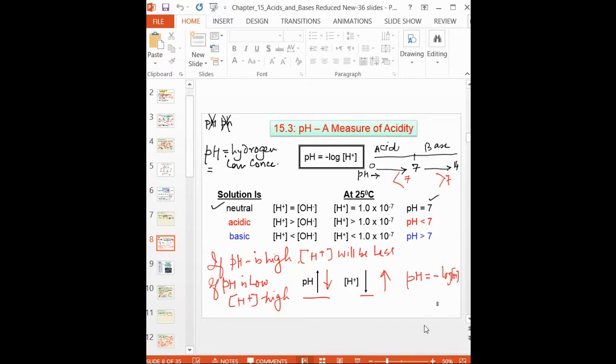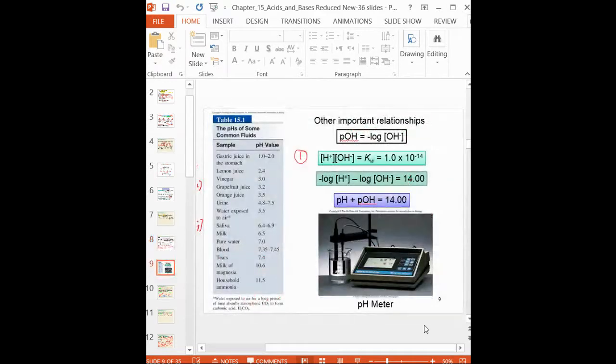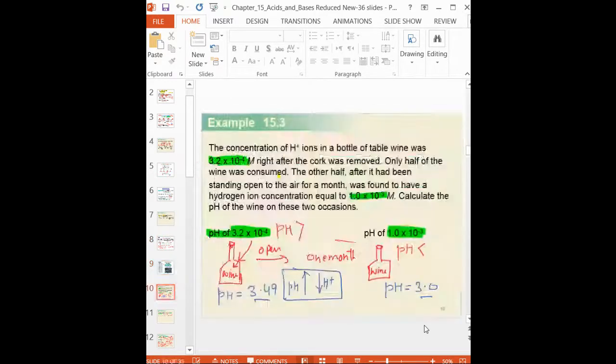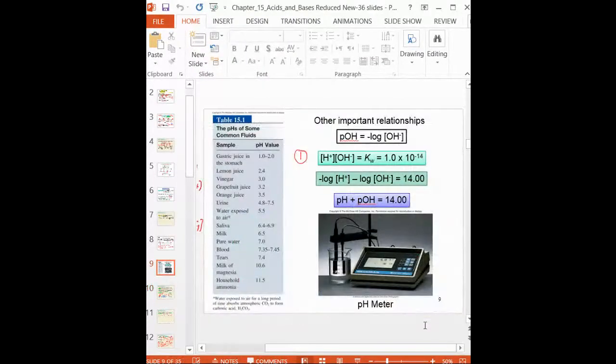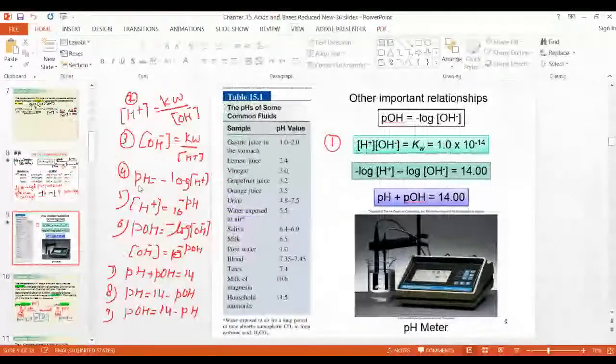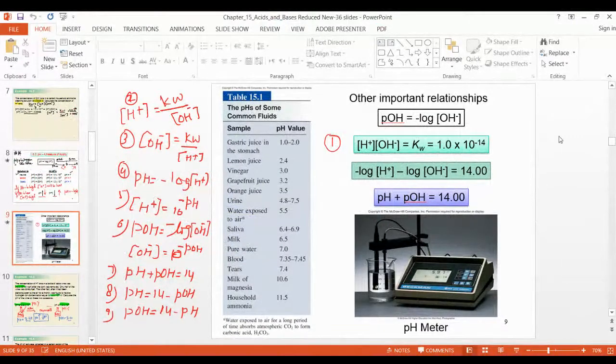I already explained last time how we calculate pH. We have different formulas for pH. I have written 8 formulas. Look here, the 8 or 9 formulas on the left-hand side. Any formula can be used for any calculation.